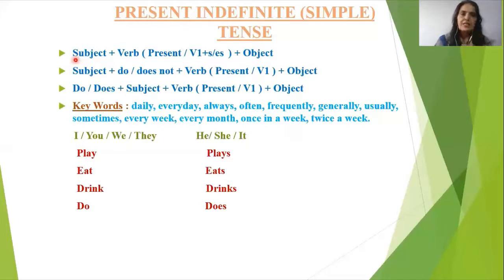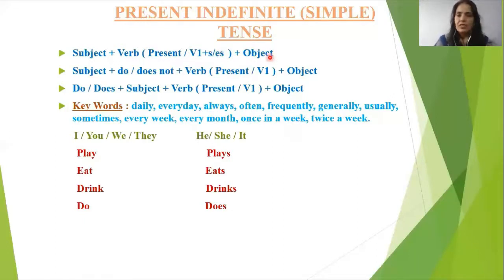First of all, subject plus verb, and here we use the first form of the verb. Not only the first form, in some sentences we use s or es with the first form of the verb. Yes, this is important. We will study right now where we have to use s or es, where we have to add it to the first form of the verb, and plus object.